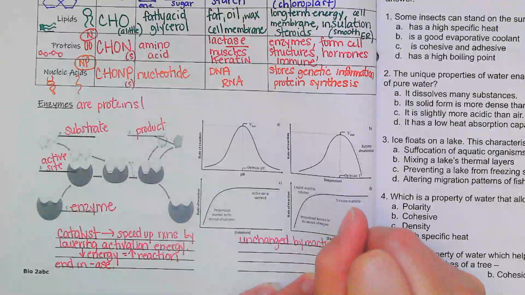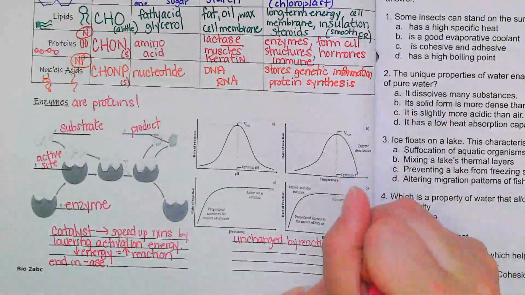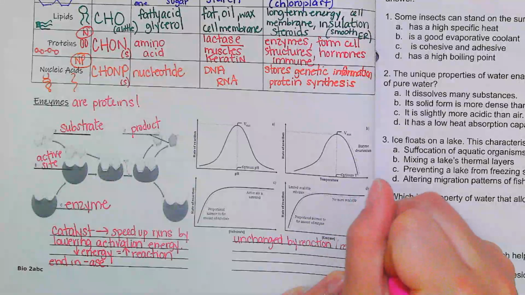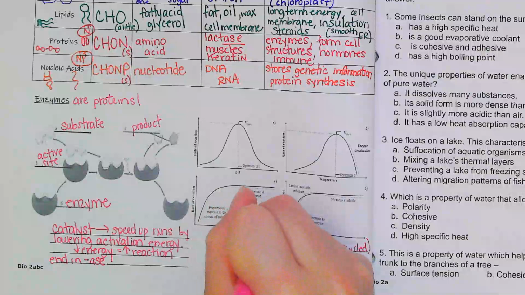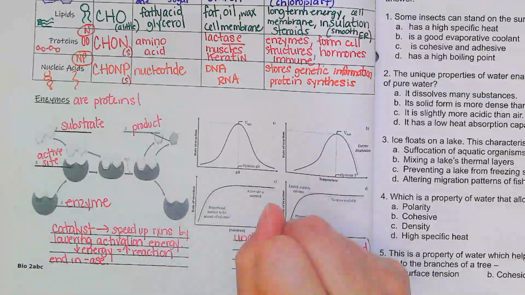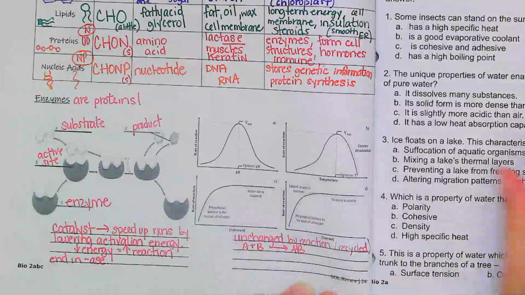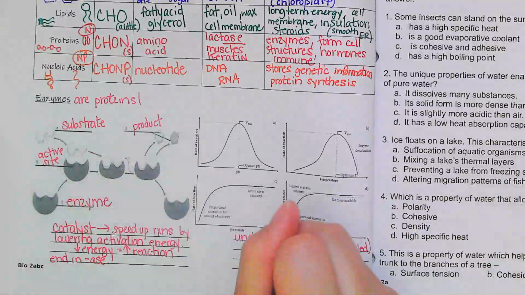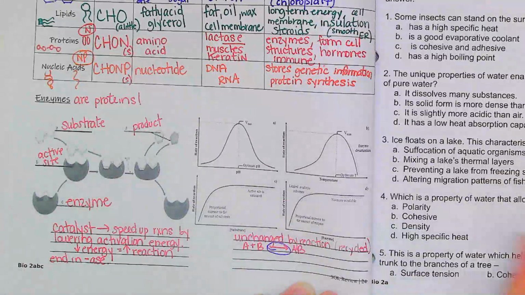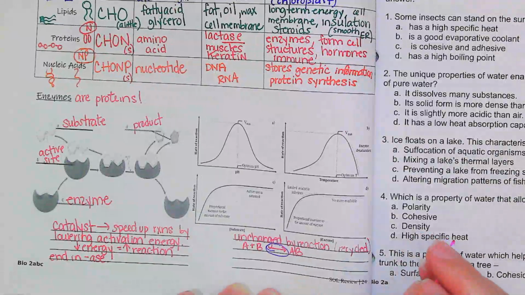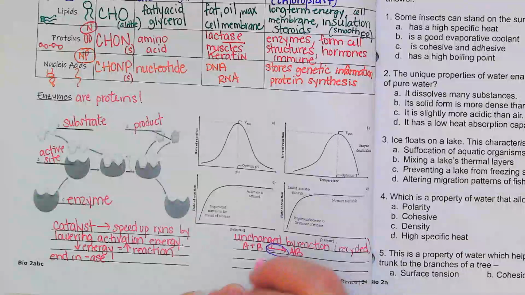Recycled. So if I had a little reaction A plus B yields AB, my enzyme only gets applied to this little arrow sign, to the progression of the reaction. And then we love to affect activity rates.